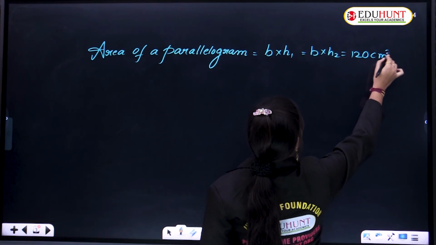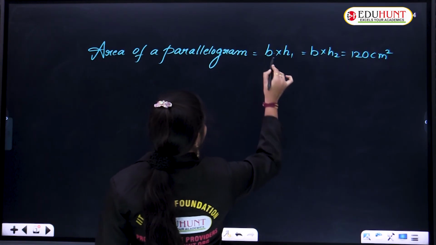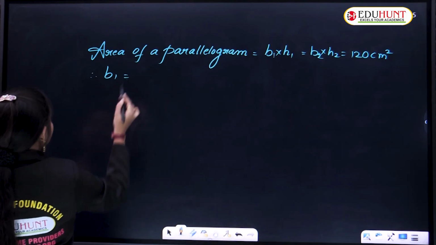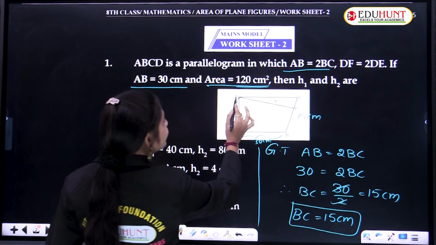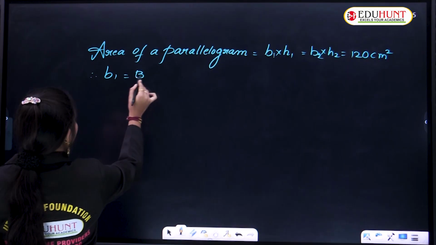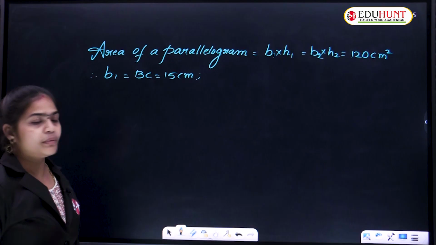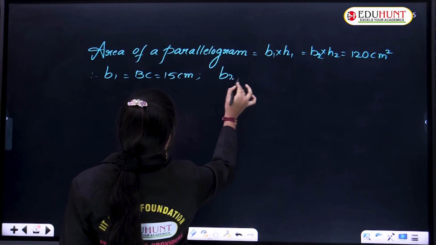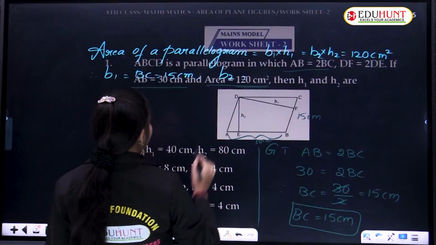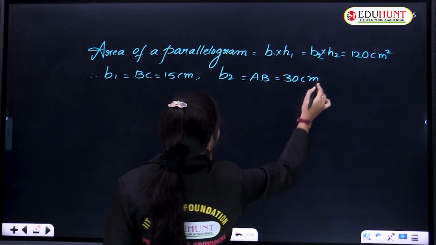From the diagram, base 1 is where H1 falls, on BC, so B1 is equal to BC, which is 15 centimeters. Next, base 2: H2 falls on AB, so B2 is equal to AB, which is 30 centimeters.